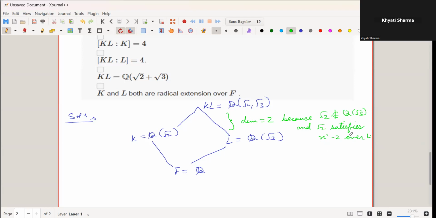And then root 3, we already know that this has dimension equal to 2.